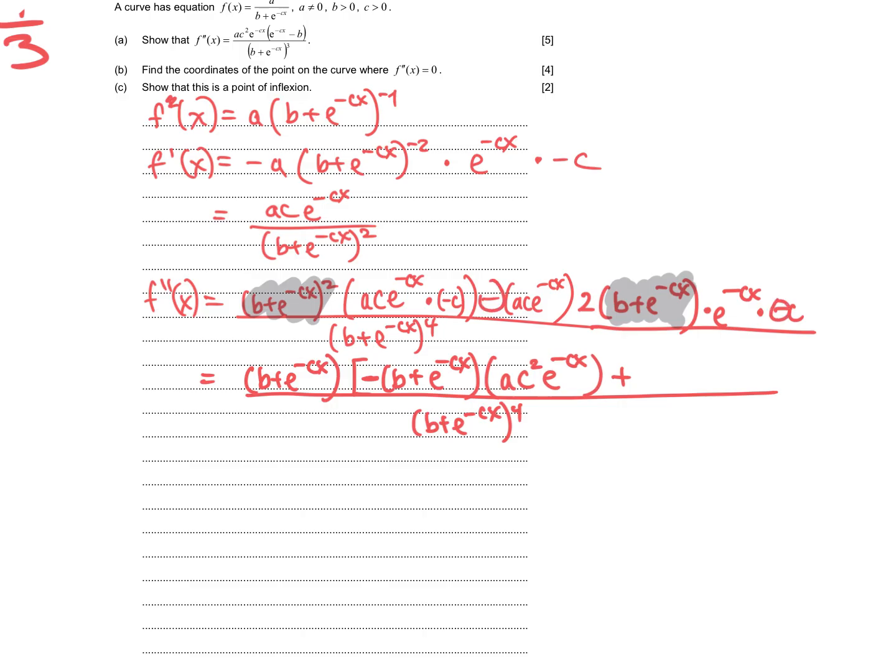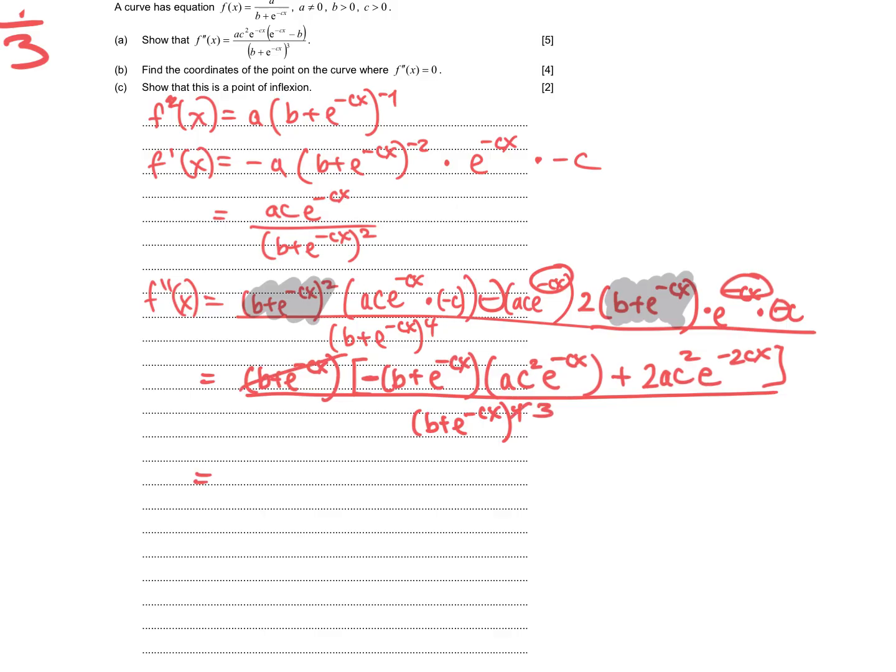So 2ac squared e, and then we've got this and this, which we're adding, so it's negative 2cx. Okay, so this cancels with one of those.